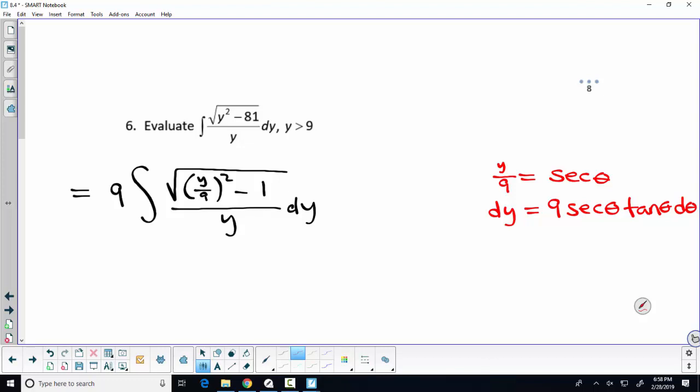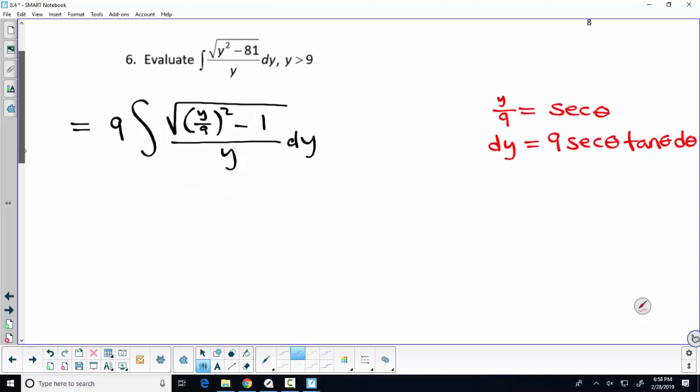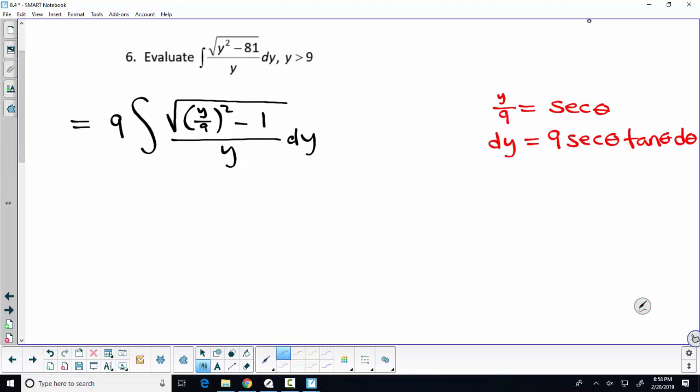All right, is that sufficient for our substitution? Okay, so this turns into, what do we get? We have 9 times the integral of what? Shouldn't we figure out what y equals multiplied by 9? Yeah, we're going to account for the thing under the radical, but we also have this y hanging out. So what is y? 9 secant of theta.